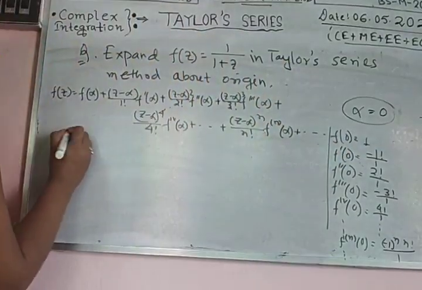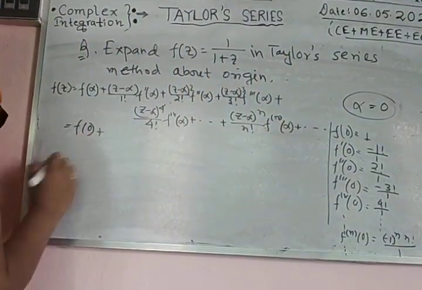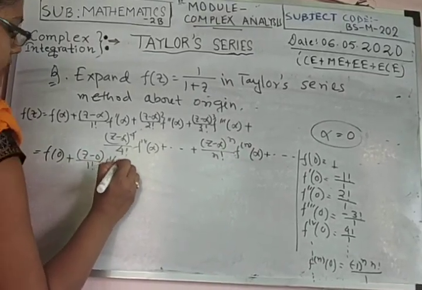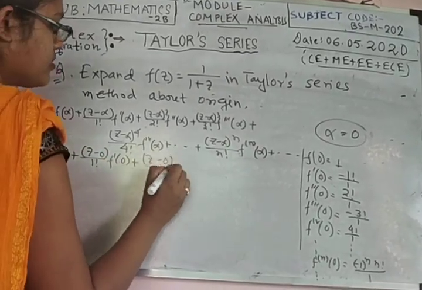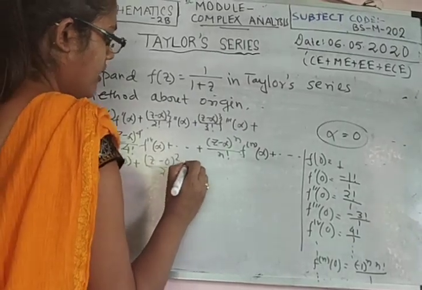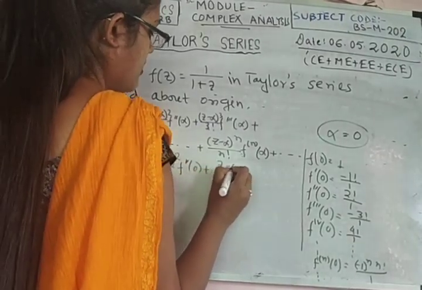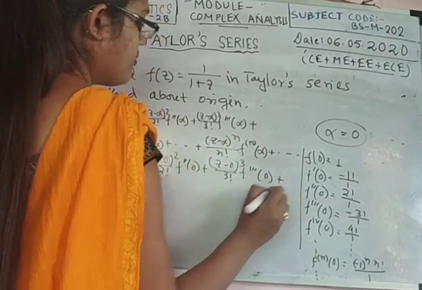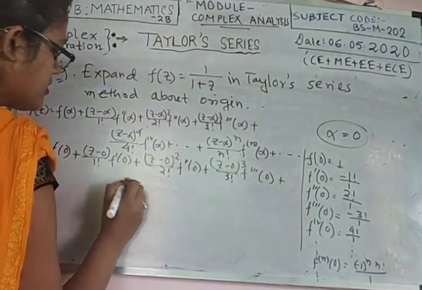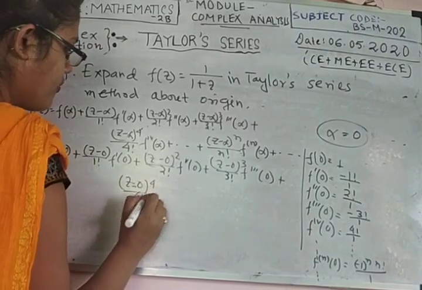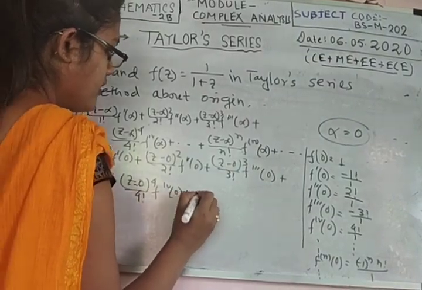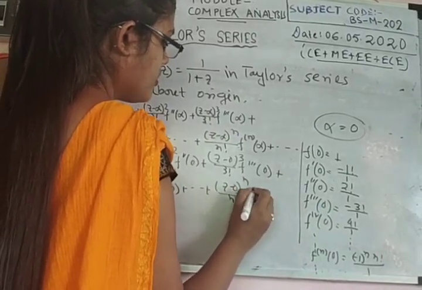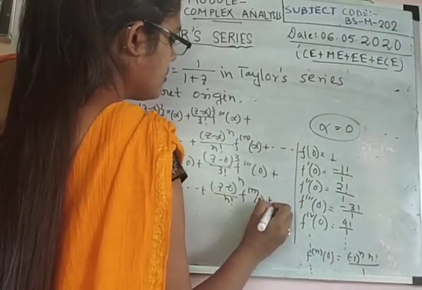So now alpha equals 0, so f of 0, plus z minus 0 by 1 factorial f dash 0, plus (z minus 0) square by 2 factorial f double dash 0, plus (z minus 0) cube by 3 factorial f triple dash 0, plus (z minus 0) to the power 4 by 4 factorial f4 of 0, up to (z minus 0) to the power n by n factorial f of n 0.